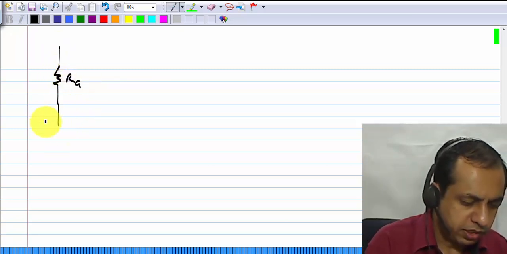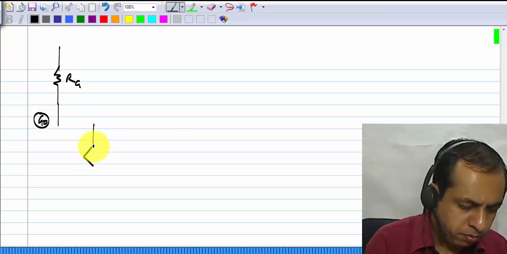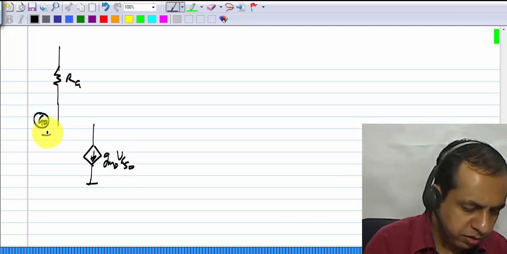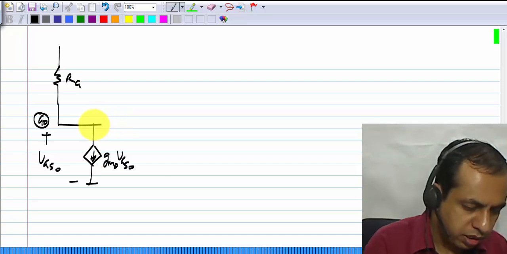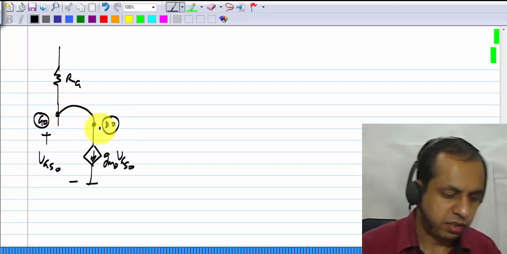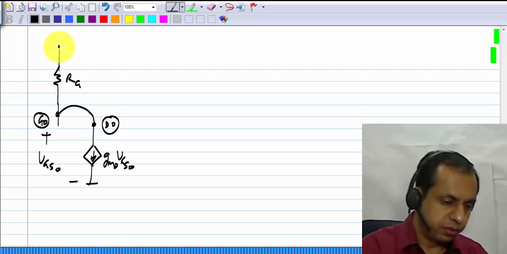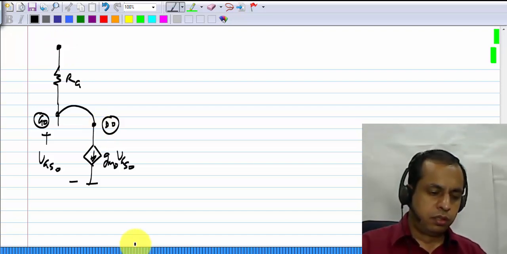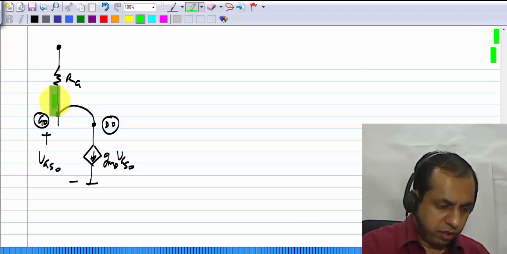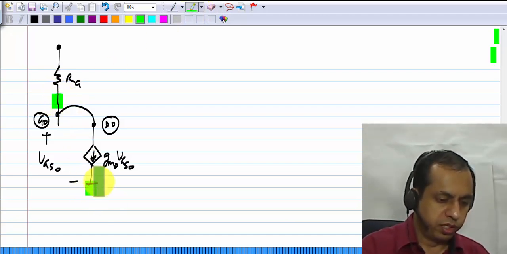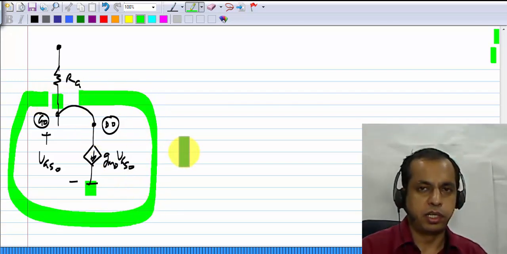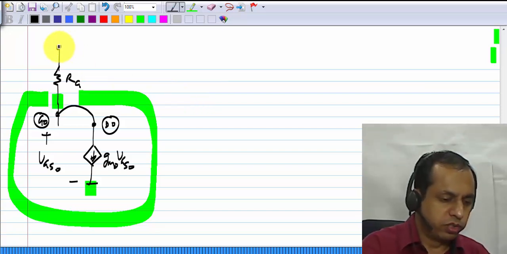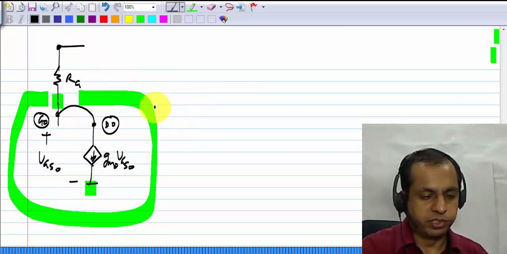What we have is RG connected to the gate of M0, and we have GM0, VGS0, where this is VGS0, and we have the drain and gate connected together. So between this point and ground, it's a 2-terminal device, and that can be analyzed by itself. We can also analyze it from here, but what we see is a general result.